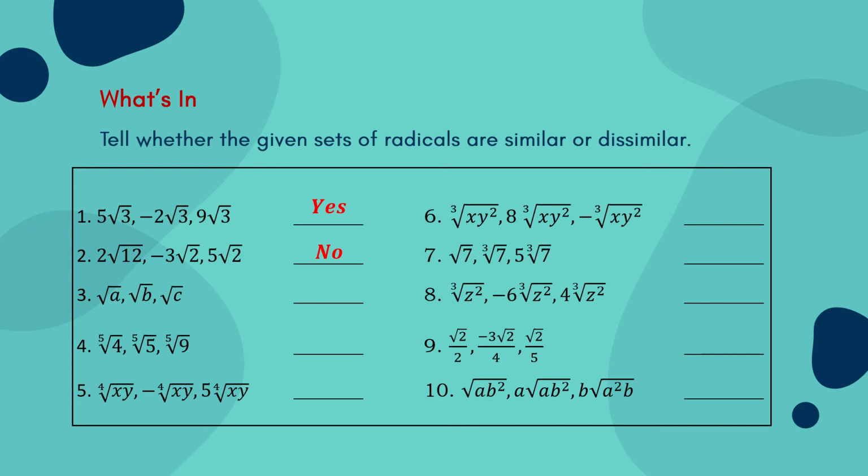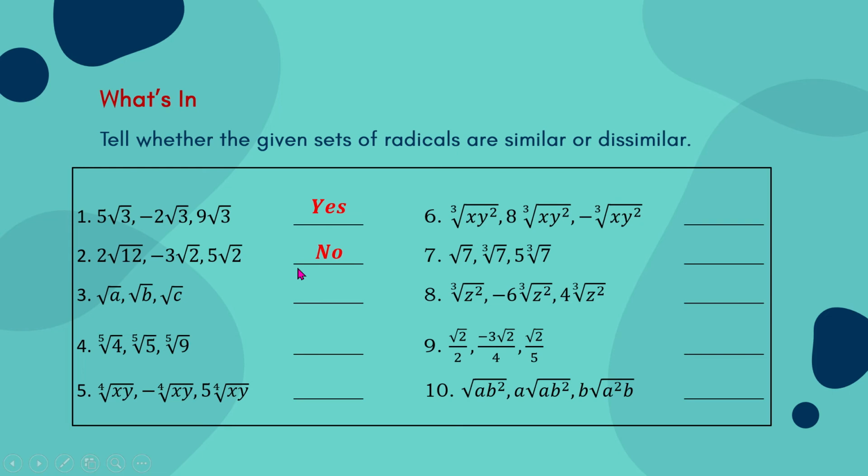Our index is an imaginary 2. So 4 times 3, the square root of 4 is 2. Multiply 2 by the 2 outside, that should be 4. What remains inside the radical symbol is 3. So if we simplify 2 square root of 12, that will give us 4 square root of 3. The square root of 3 is not the same as the square root of 2. So therefore, the radicals are not similar.